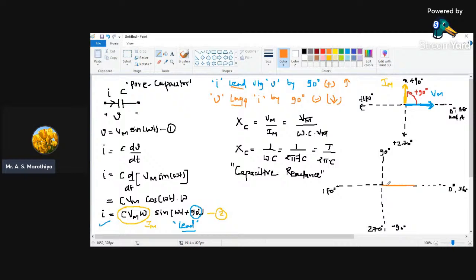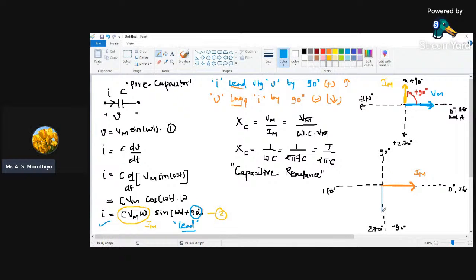So here I'm going to represent first the current. So this is going to be the current axis, that is nothing but Im. So with respect to Im, voltage is going to lag. So it is going to lag by 90. So lagging means clockwise. So it has to be on 90 on this axis, downward direction.